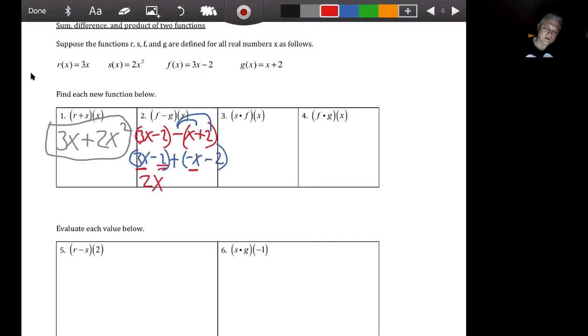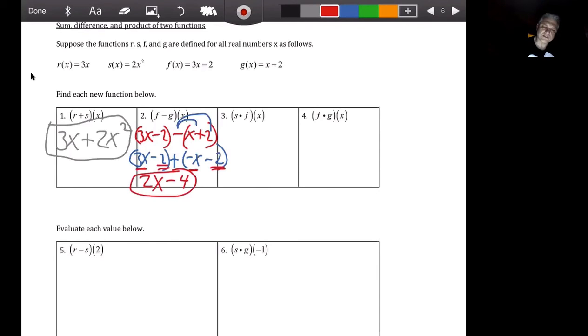Then negative 2 plus negative 2 is negative 4. Some people will do negative 2 minus 2 and get 0, but negative 2 minus 2 is negative 4, so please watch that.